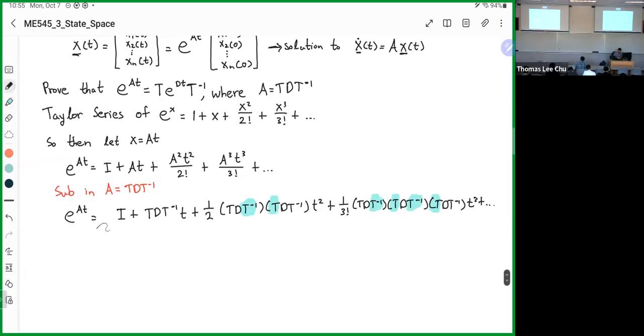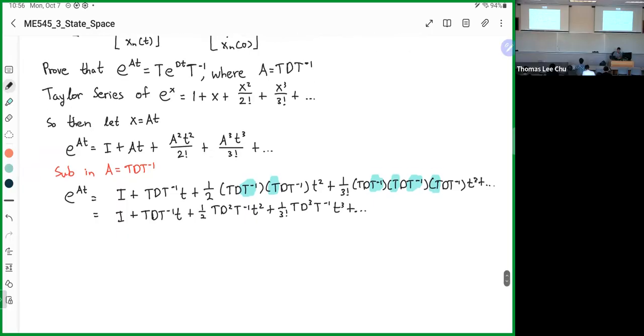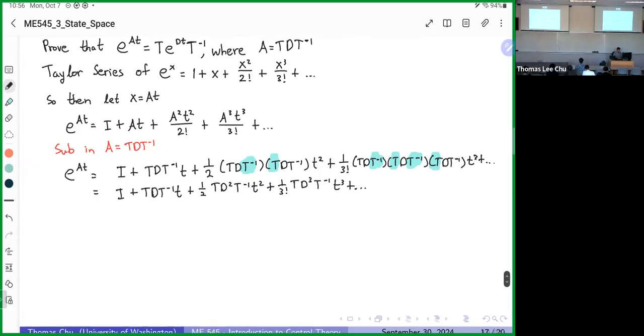So then we're left with this equation here: identity plus t d t inverse t, plus 1/2 t d squared t inverse times t squared, plus 1/3 factorial of t d cubed t inverse t cubed, going to infinity. So it's already simplified a lot more.